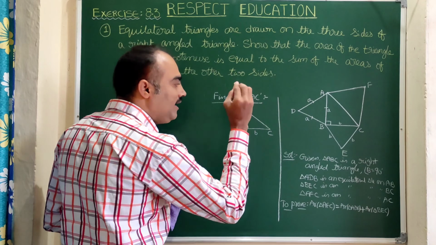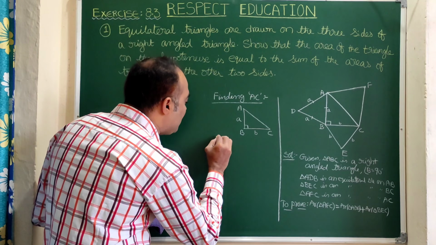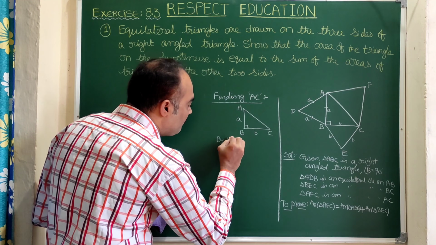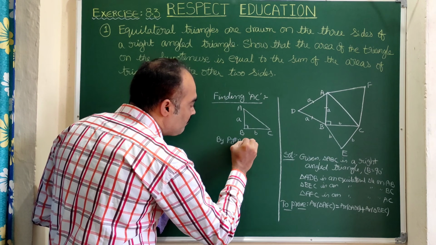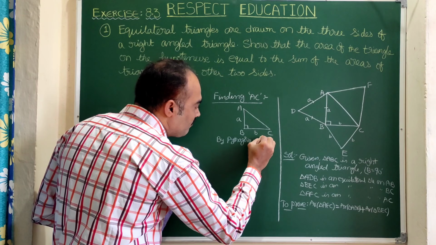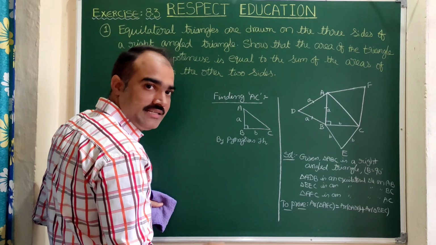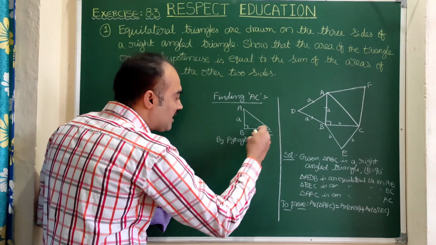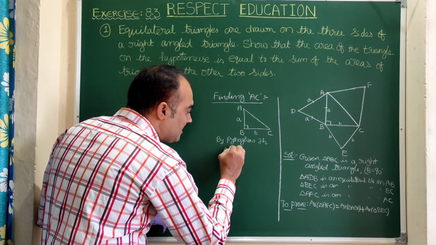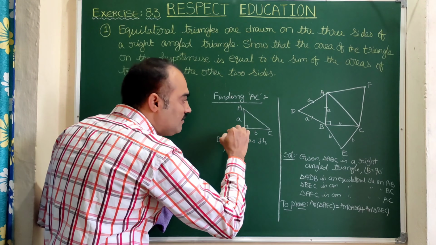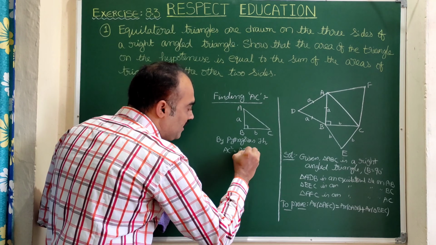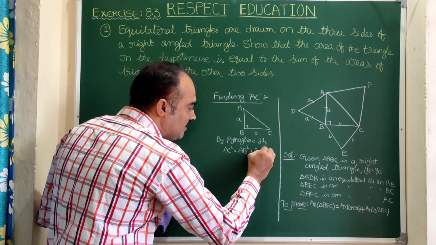Now we are going to find AC. By Pythagoras theorem, we can say that AC square is equal to AB square plus BC square.